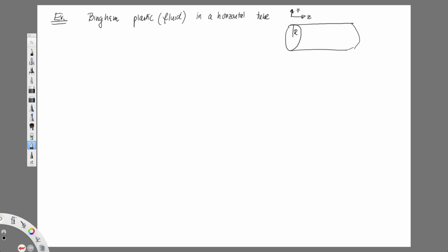Technically speaking, I'm starting my coordinate system in the center of the tube. And what we said is now I'm going to express things as tau rz in absolute sense. Here my only non-zero velocity will be vz. So we will assume again vz of r.